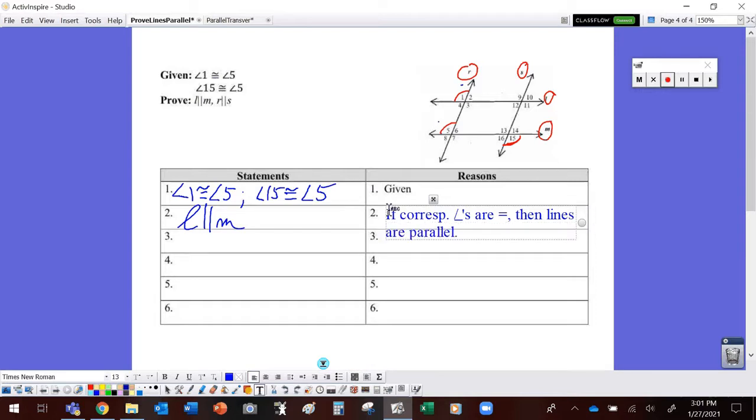And fix this up and change that equal sign into a congruent symbol. So if corresponding angles are congruent, then lines are parallel.